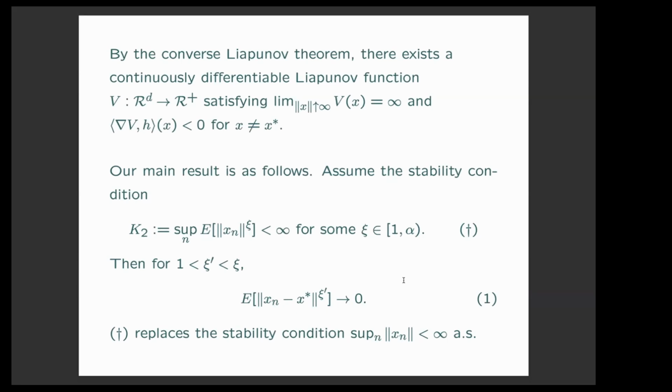And this condition, this dagger, replaces the almost sure stability assumption I had earlier for the vanilla case, that the supremum norm of x_n is bounded surely. So this uniform moment bound replaces it.